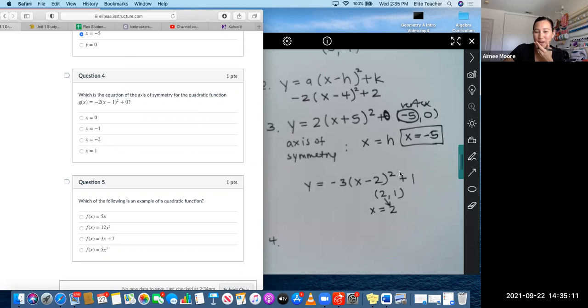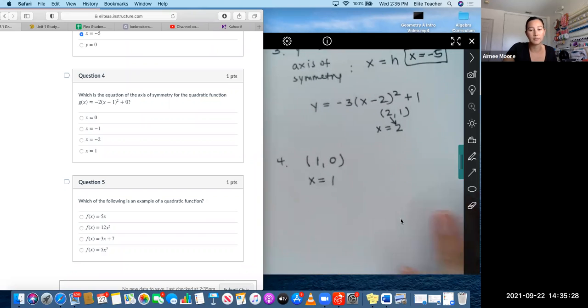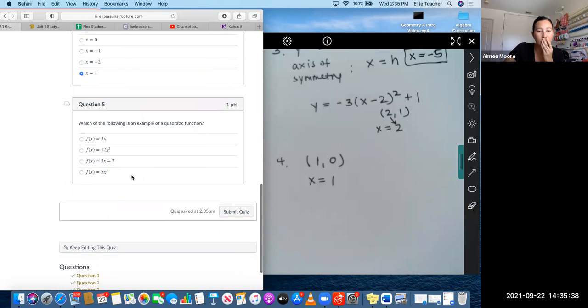Isaiah, yep, you're right for number 5. And excellent, Victoria. Yes, so for number 4, our vertex would be at 1, 0, which means our axis of symmetry is at x equals 1. And very good, John. Yay, everyone got it. Perfect.